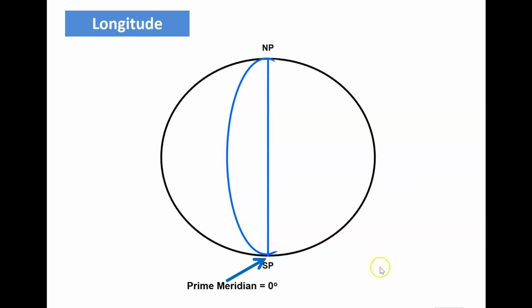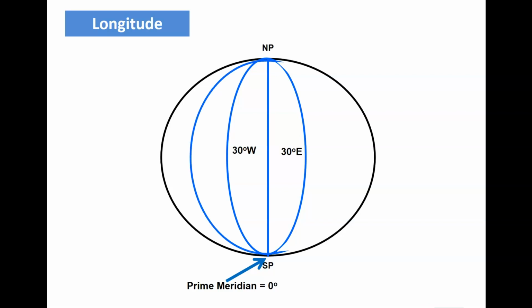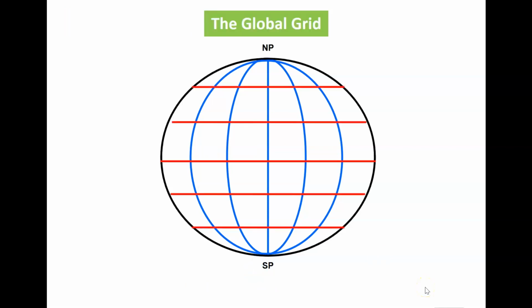So let's label 30 degrees west, and then 30 degrees east, 60 degrees west, 60 degrees east, and there we have lines of longitude. And together, these make the global grid. Lines of latitude are in red, and lines of longitude are in blue, and together they make the global grid.